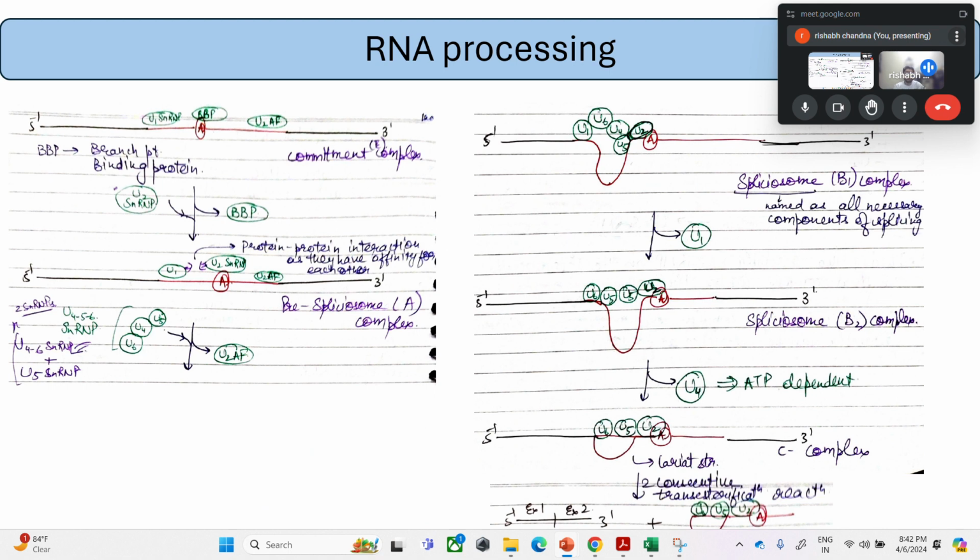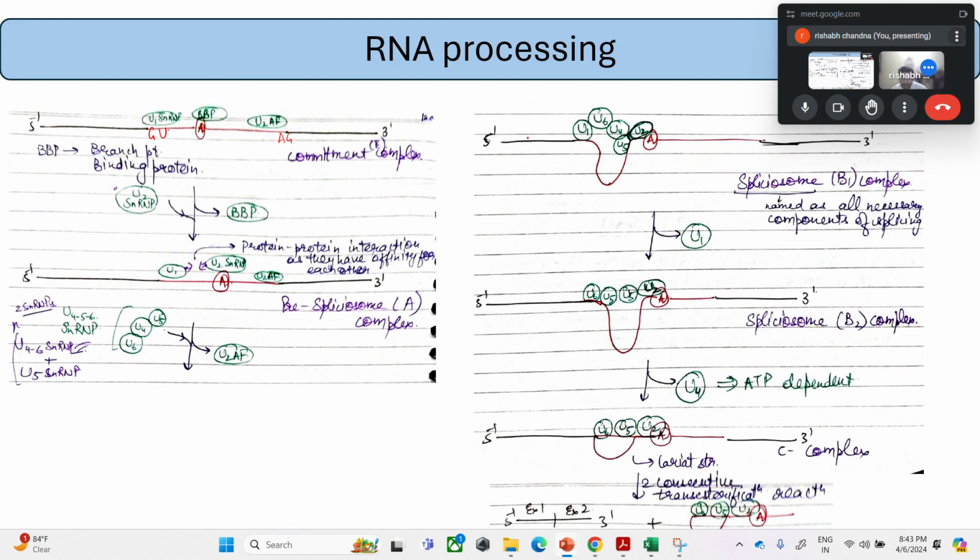So this is the complete process of how a spliceosome forms. First, once a protein needs to be recruited on a sequence, it needs to recognize the sequence. So what helps in recognition? First is the 5 prime splice site that was GU, and here it was AG if I'm not wrong.